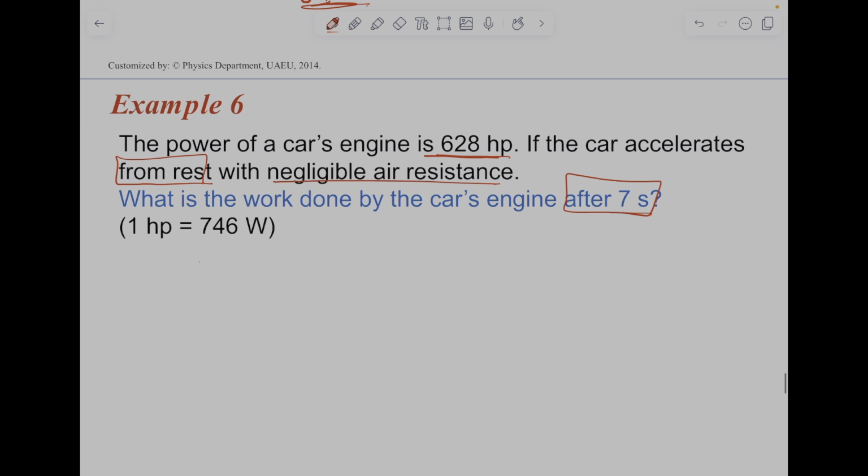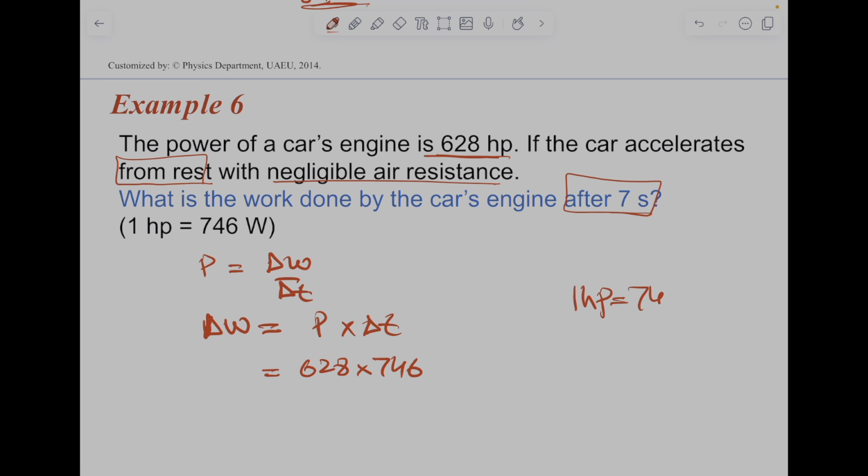Okay, so power is the rate of change of work, and your work is P times delta T. Your power is 628 multiplied by 746, because 1 horsepower is 746 watts, times your time, and you will get 3279 kilojoules of work.